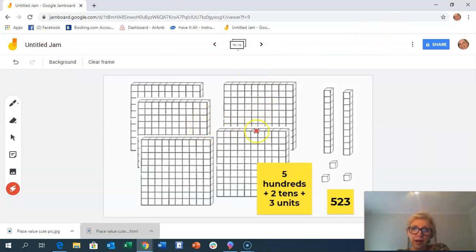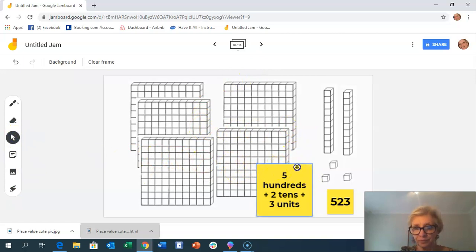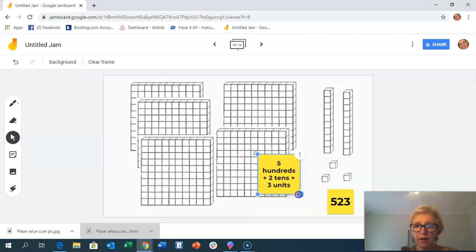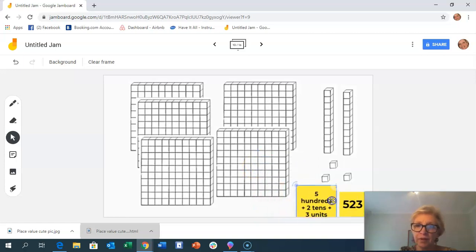Okie dokes. So now we can look at some slightly bigger numbers. Oopsie daisy. There we go. Right, what have we got here? Let's count. I've got 100, 200, 300, 400, 500. So we're going to write that. We've got 500.